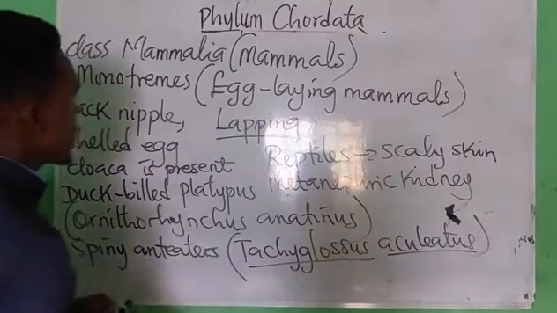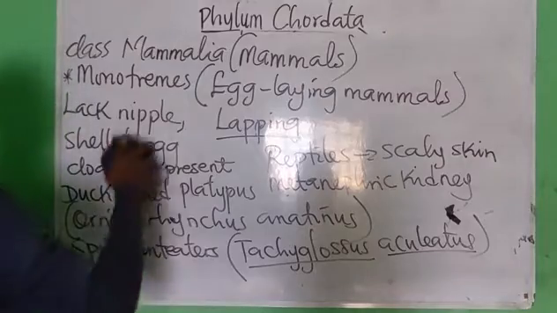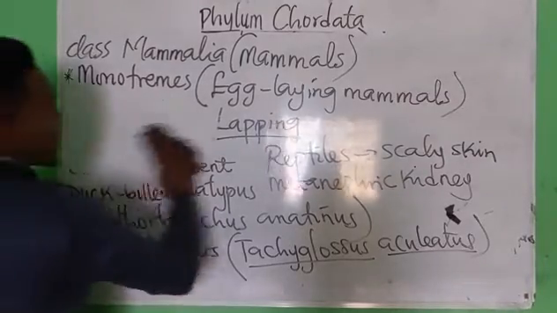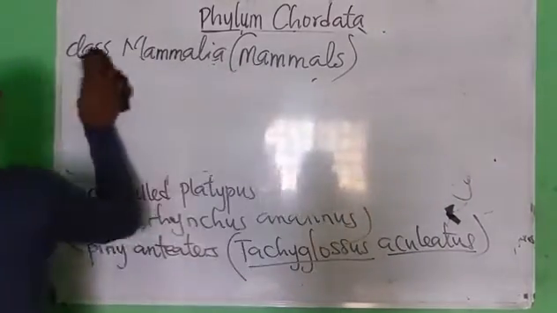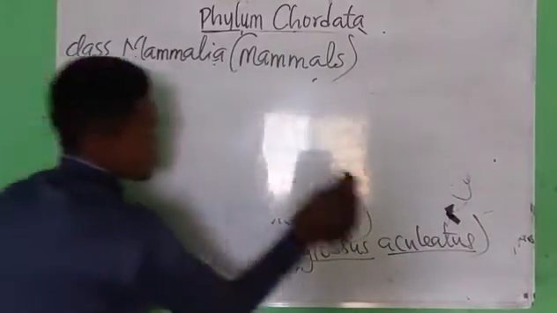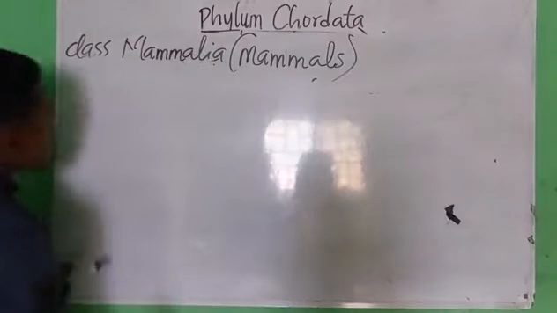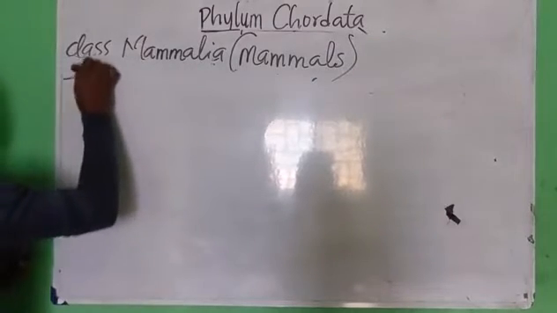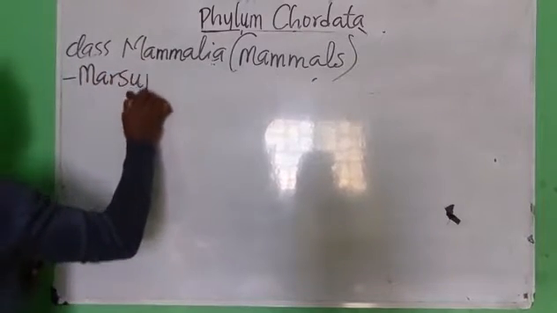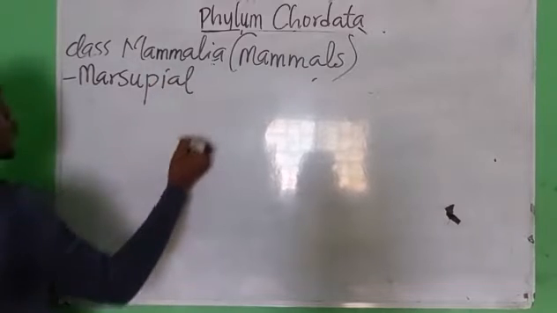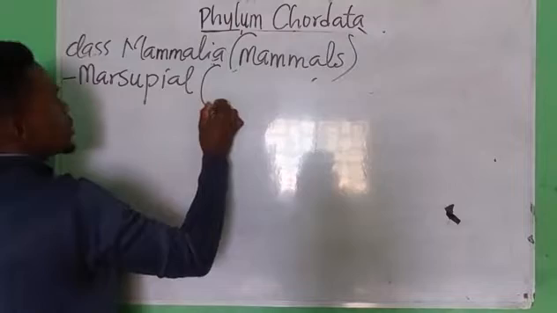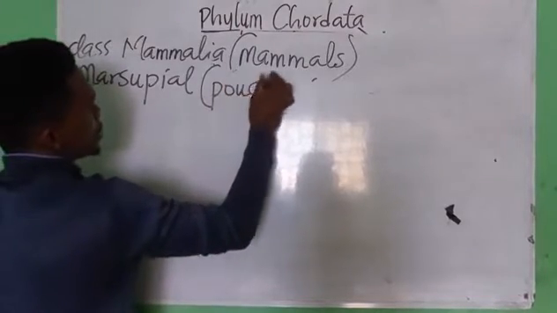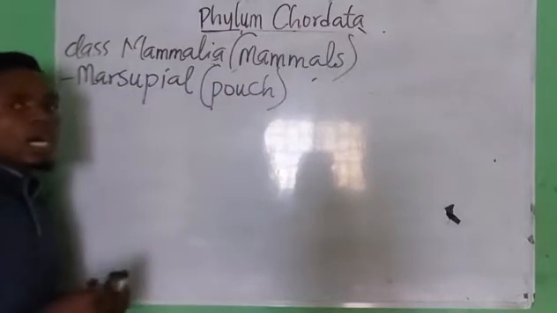The next one is marsupial. Now, marsupial, because the organisms are found in a pouch. They develop in a pouch.